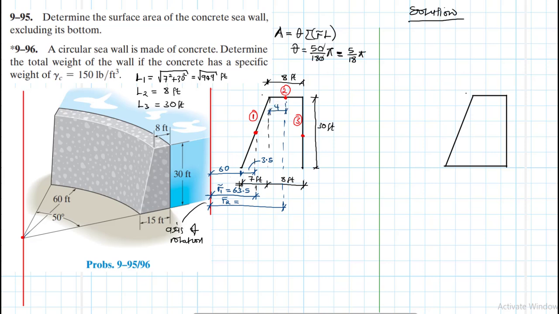So it is 4 plus this length here up to there, we already know it. It is 7. Okay. So it is 4 plus 7 plus 60. Okay. So what is 4 plus 7? That's 11 plus 60. That is 71. So this is going to be equal to 71.